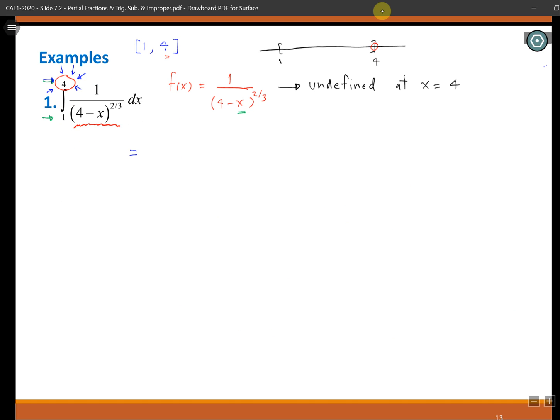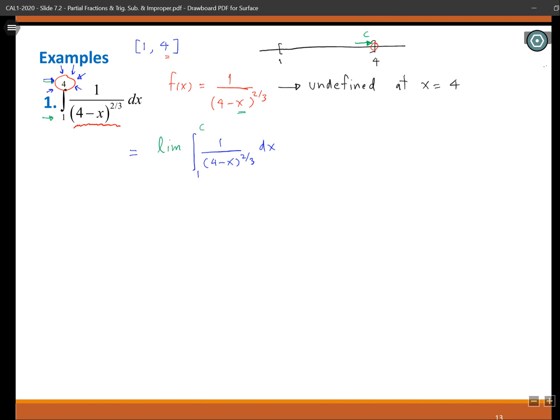Everything else is the same: the lower bound 1, and the inside function is still the same, (4 minus x) to the power of 2 over 3 dx. Since 4 is a problem, we are going to avoid that by using c instead. And we want c to be as close to 4 as possible, but not at 4. So what's going to happen here is that we want c to approach 4 like that, but not at 4 itself.